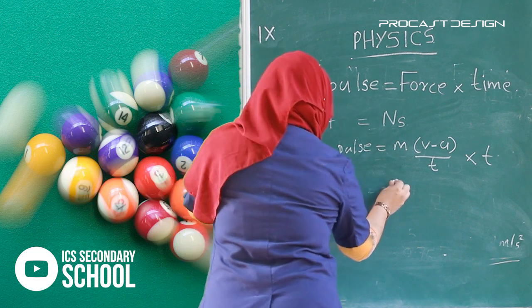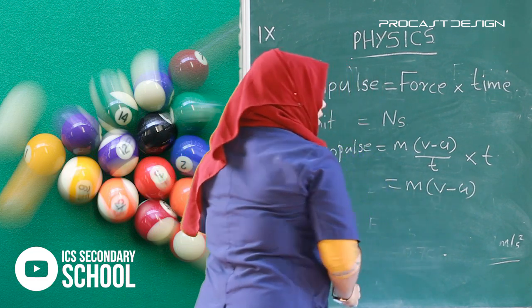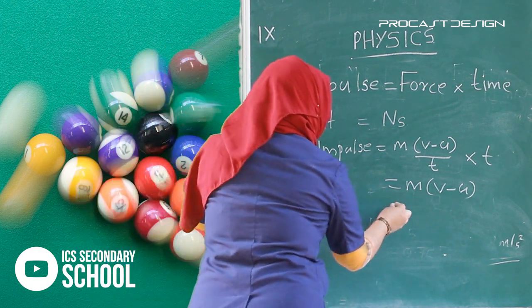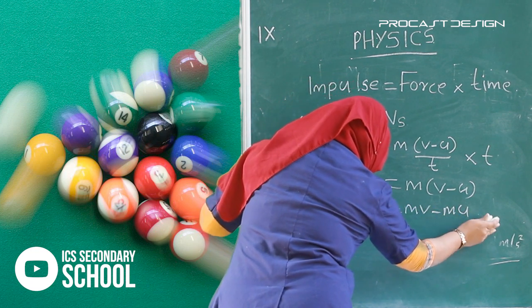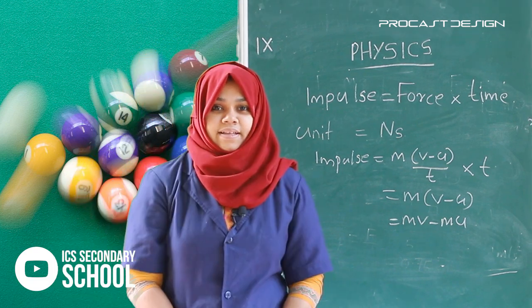Then we get impulse equal to M into V minus U. That is, we can write MV minus MU. Is it? Yes.